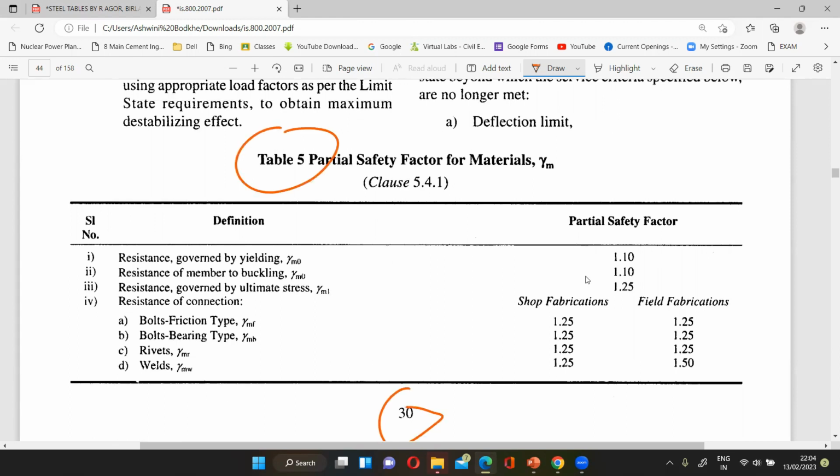Table number 5, partial safety factor for materials, gamma m. Gamma stands for partial safety and m for material. For resistance governed by yielding or buckling, gamma m0 value is 1.1, and for ultimate stresses, value is 1.25. Therefore, gamma m0 equal to 1.1 from page number 30.